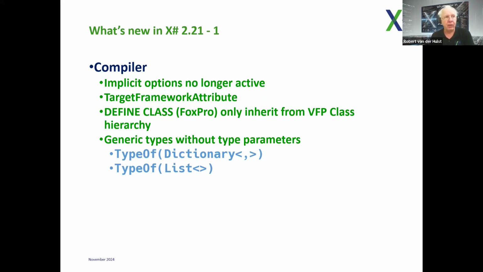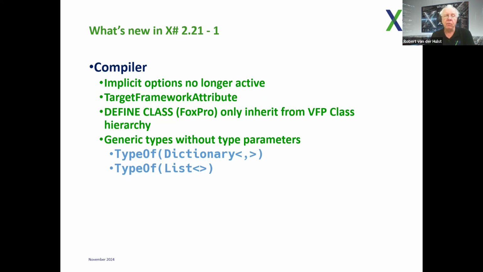And the reason for that is that in the FoxPro language, you can dynamically add properties to classes, and the support for that is only available if you are part of a hierarchy which has dynamic properties. Now, the .NET system classes don't have that, so we allow you to only inherit from the Visual FoxPro class hierarchy inside X#. So we also support adding properties and removing properties, etc.